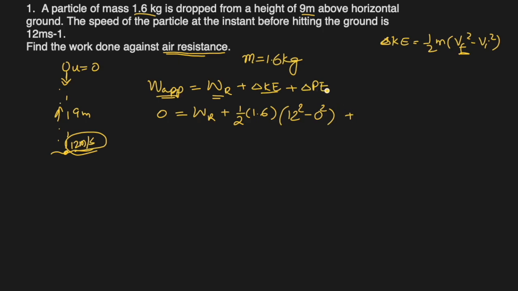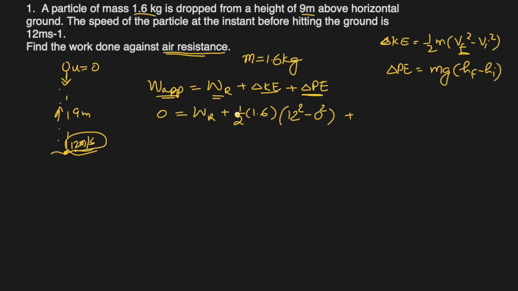What about the change in potential energy? This is the work done by gravity that we were talking about. So there is no external applied force, but the work done by gravity is actually the change in potential energy, and the change in potential energy is mg times (final height minus initial height).